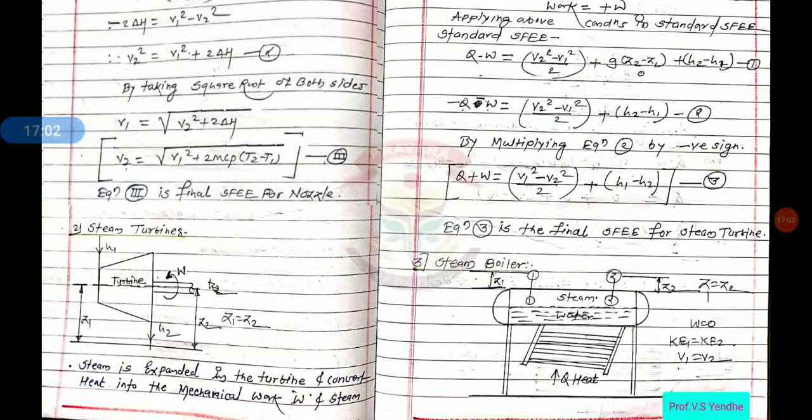Now the third device, that is the steam boiler. As we know, the steam boiler is a heat absorbing device, so heat is added into the boiler.